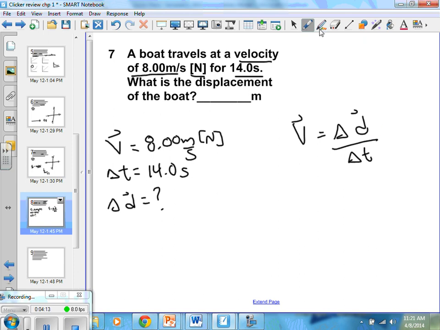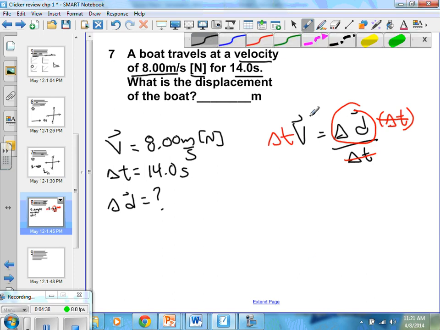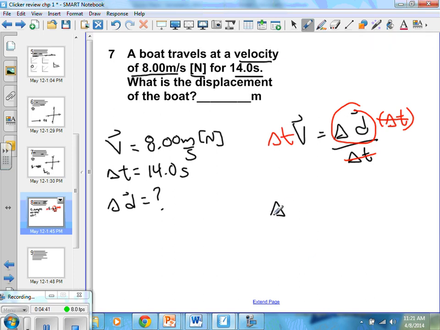So we have to use our velocity formula, which is displacement over time. If I'm solving for displacement, so I'm trying to isolate d, that means I need to cancel out time. To cancel out a variable or to move it over to the other side, you always have to perform the opposite operation. So here, if I'm dividing by t, I need to multiply by t to cancel it out. That means I need to multiply by t over here as well. So when I cancel out the t, I'm left with displacement equals velocity times time.